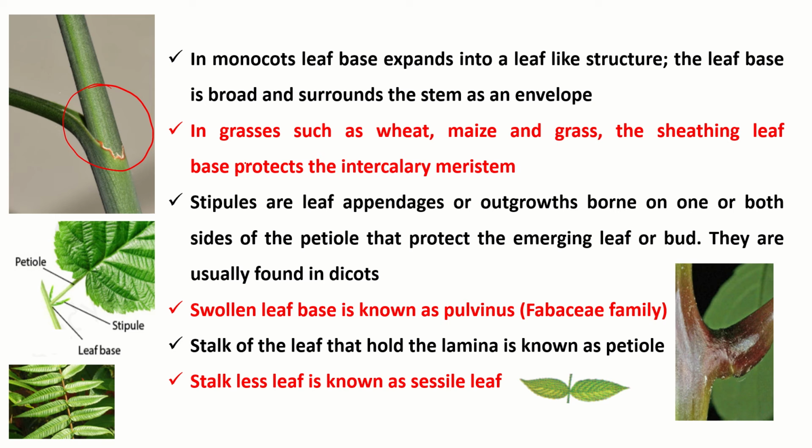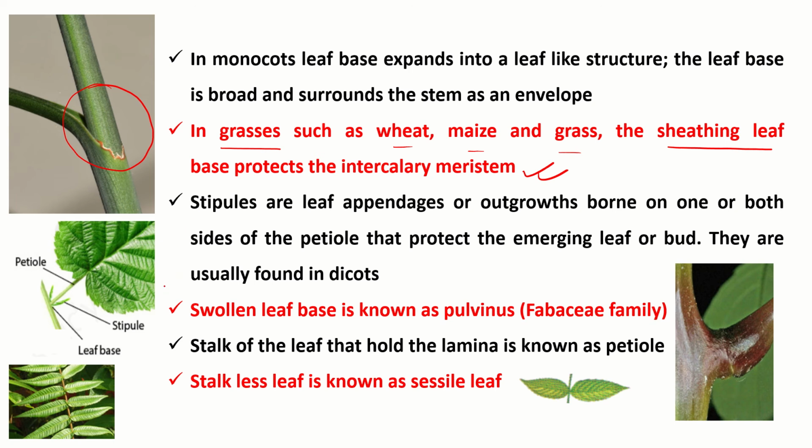In grasses such as wheat, maize, and grasses means I'm talking about Poaceae members, the sheathing leaf base protects the intercalary meristem. So, what is the function of this sheathing leaf base? They protect the intercalary meristem.